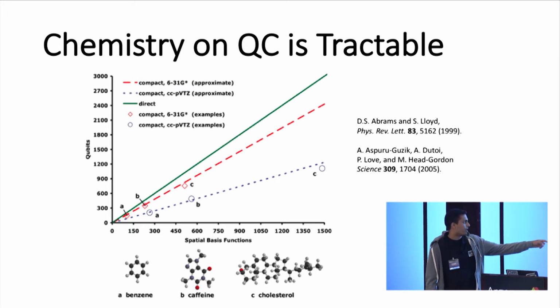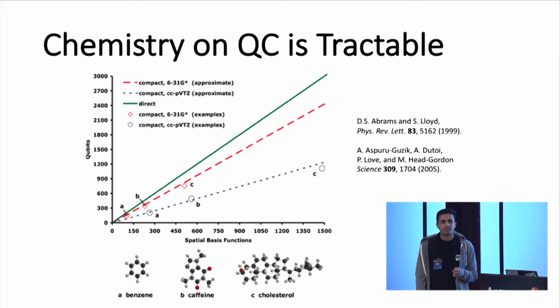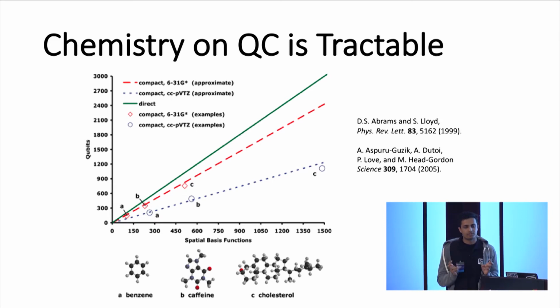The molecule at the bottom right is cholesterol, and a 2005 paper proved that if we had 1,000 high-quality qubits, quantum bits, then we'd be able to perform an exact diagonalization of the Hamiltonian of cholesterol, which is something that wouldn't be remotely possible with classical computers, even supercomputers.